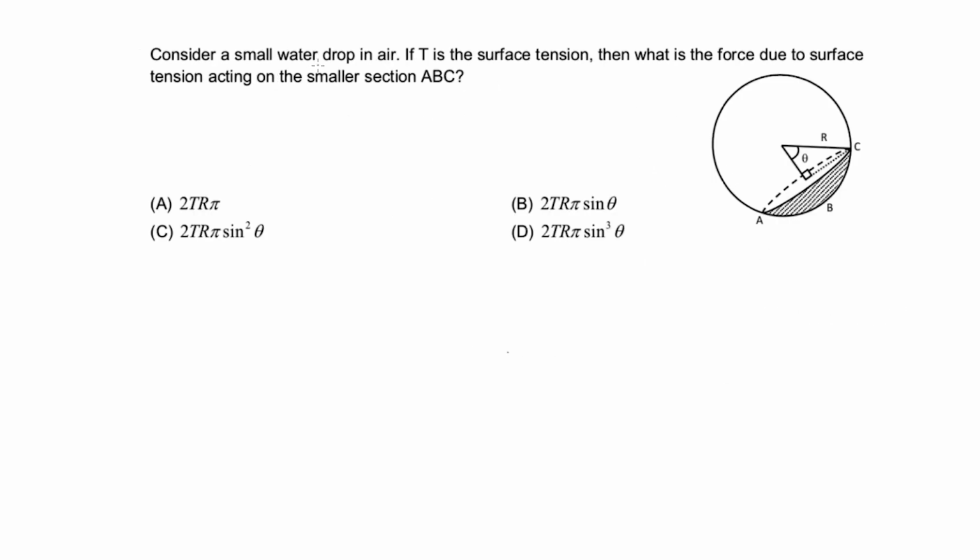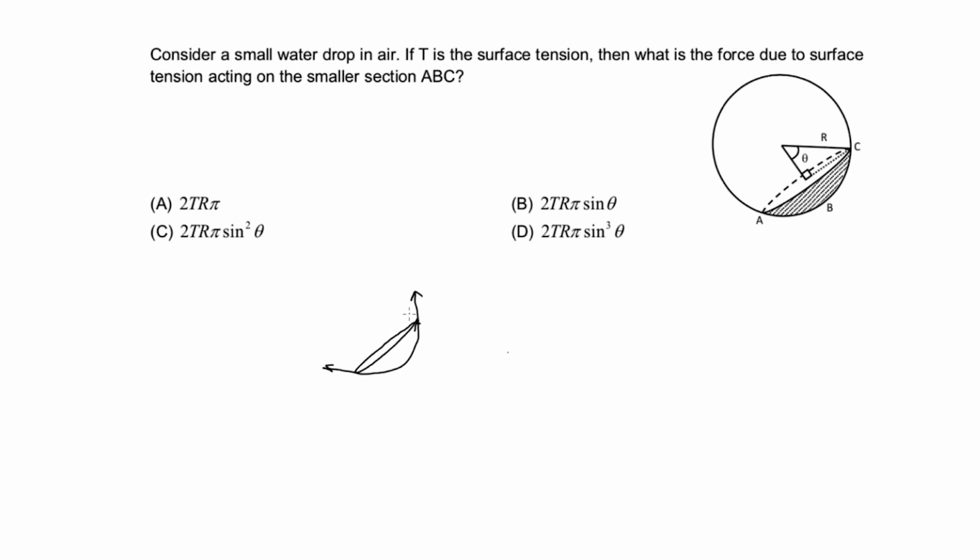Come to this question. Consider a small water drop in air. If T is the surface tension, what is the force due to surface tension acting on the smaller section ABC? The section ABC is shaded in your picture. So if I redraw that part ABC, you can see that forces of surface tension are acting like this.